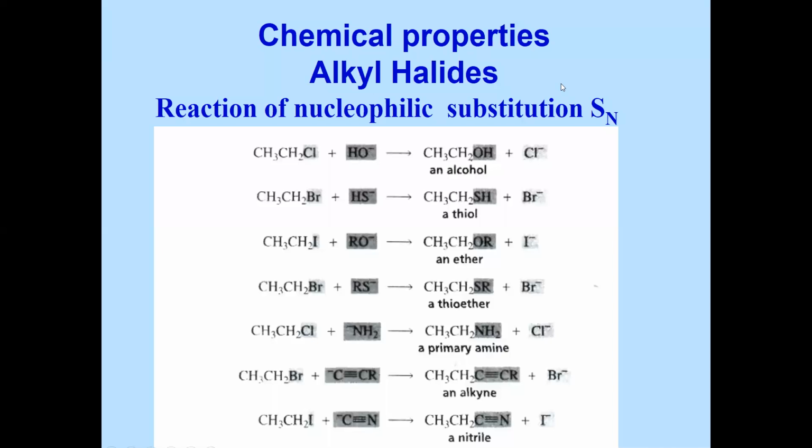You can see examples of reactions of nucleophilic substitution for alkyl halides. The products are an alcohol, a thiol, an ether, a thioether, a primary amine, an alkene, a nitrile.